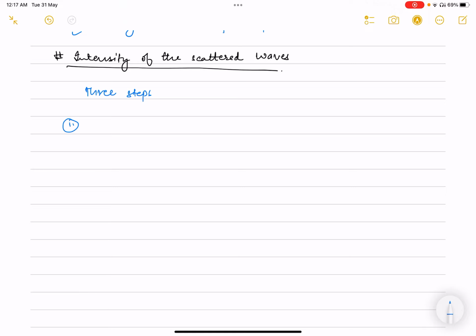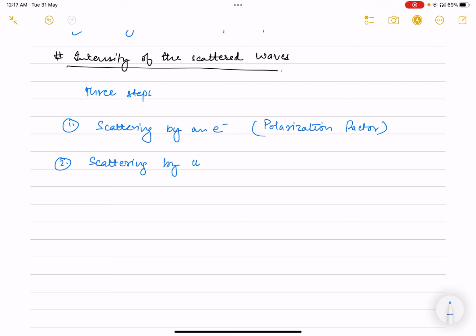First is scattering by an electron, that is given by the polarization factor. Second is scattering by the atom. This is called the atomic scattering factor.